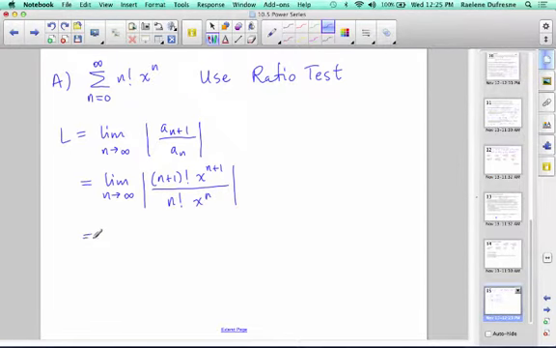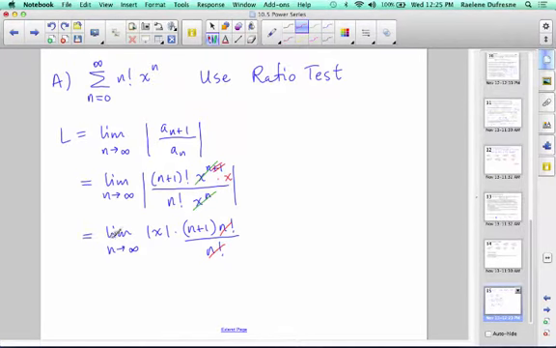And we can simplify this, giving the limit as n approaches infinity of x^(n+1), which is really x^n times x, and so we can reduce x^n top and bottom, and we're left with the absolute value of x multiplied by (n+1) times n! divided by n!, and we can reduce the n!.